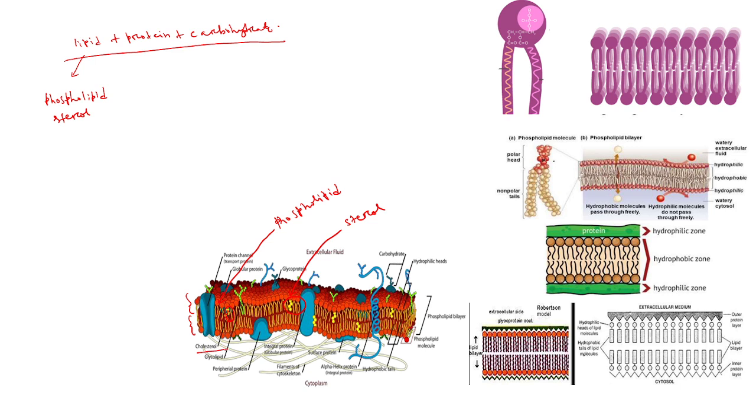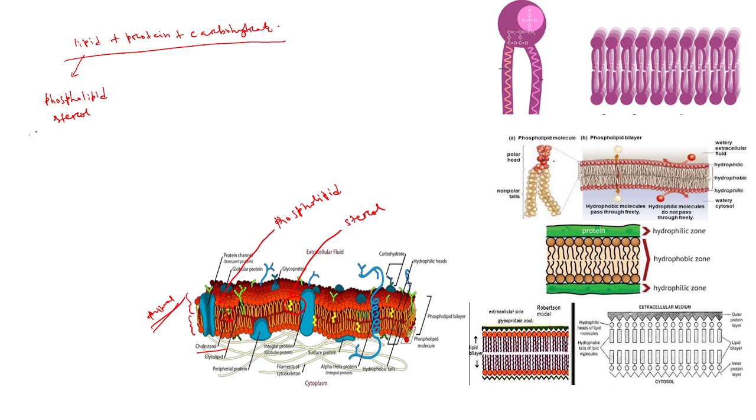Why is it called the cholesterol? Because it is the animal cell. Why? Because in the animal, the sterol is called the cholesterol. If it is the plant, the sterol is the phytosterol. If it is the fungi, the sterol is called the mycosterol. So one is the phospholipid and the other is the sterol.